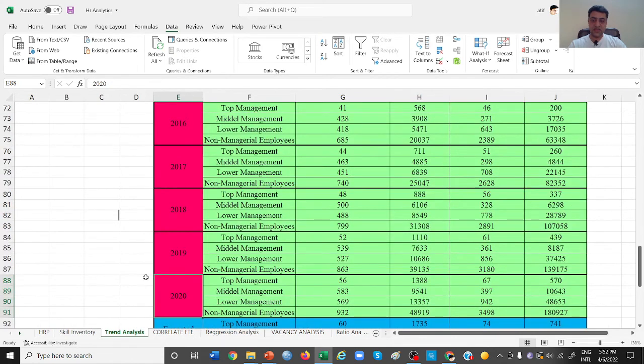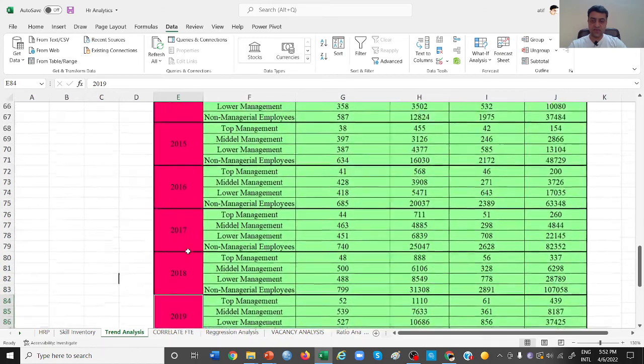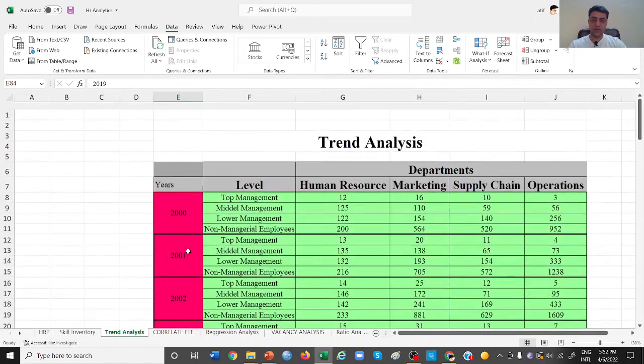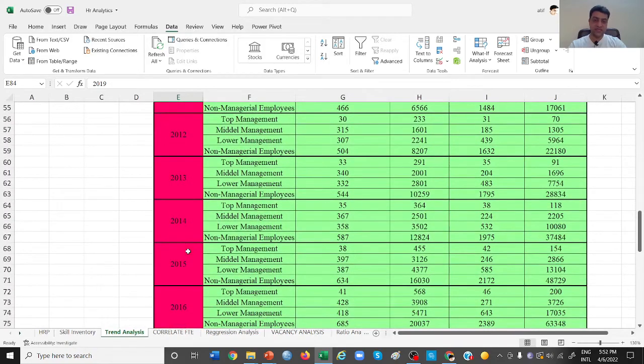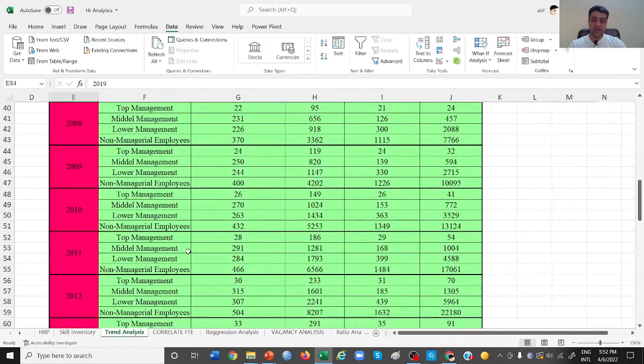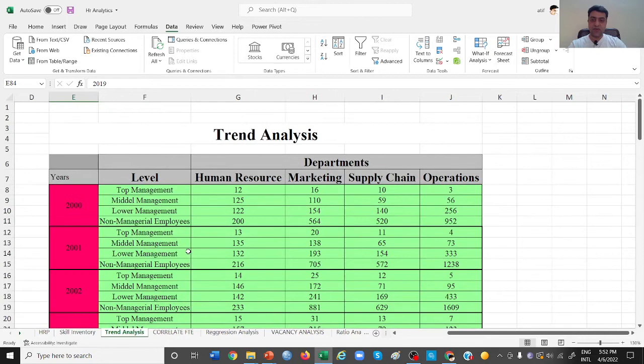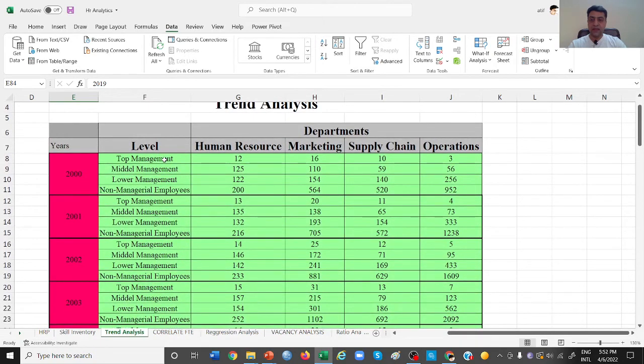So this is the data of 2020. This is the data of 2019, and the same way backwards we have this 20 years data. Now, what kind of data do we have? The data we have is about the level of the employees. These are the 4 levels of the employees, and these are the different departments of the organization.